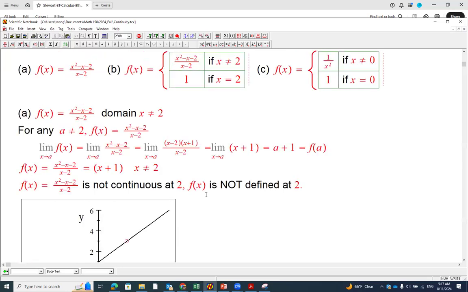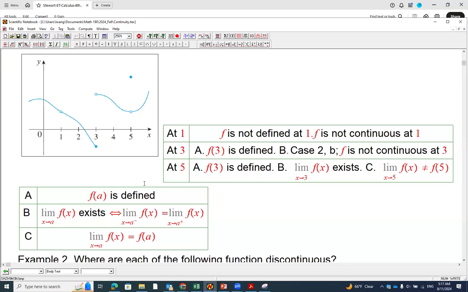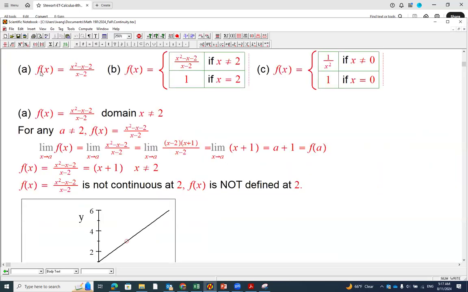If you look at the first example, A, the function is discontinuous just at one point. So how can we make it continuous? Can we make it continuous? And the answer is yes.